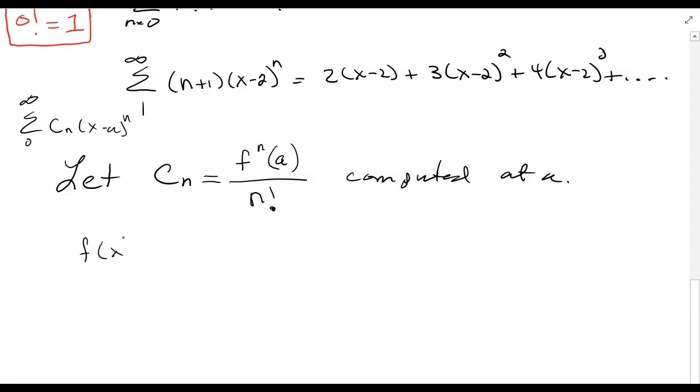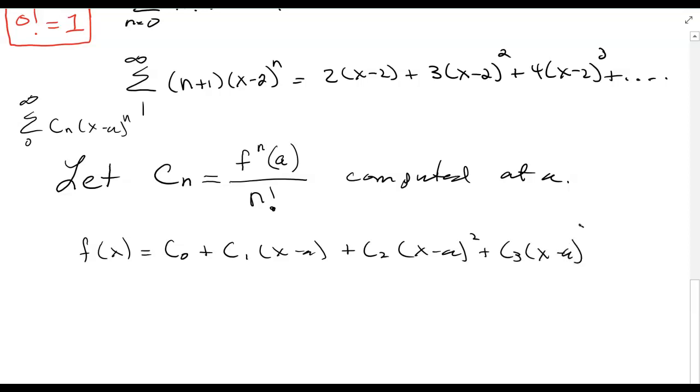If I let that be the function, because remember, if I expand it out it's going to be a polynomial, I'm going to let it equal f of x. So you have c0, we've already done this above, plus c1 times x minus a, plus c2 times x minus a squared, plus c3 times x minus a cubed, and we're just going to go up to c4.